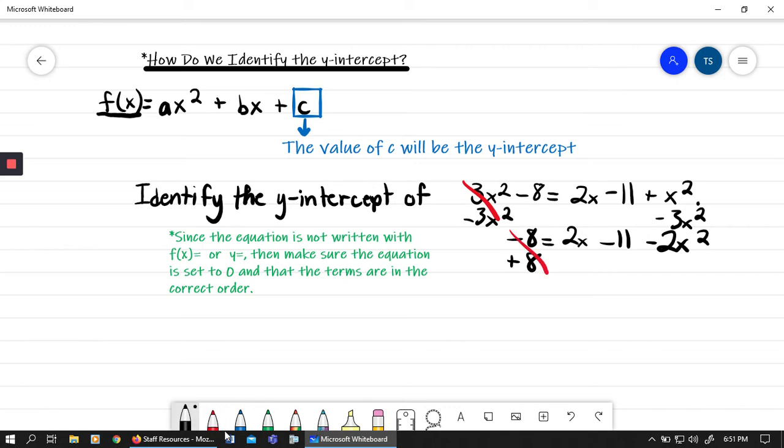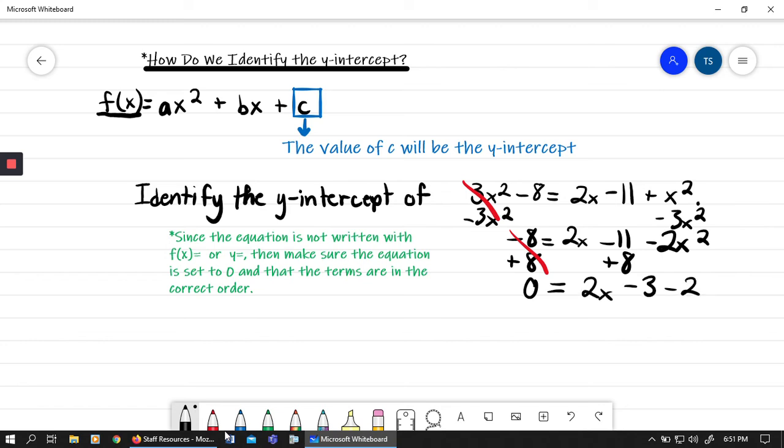So now we're adding 8 to both sides. Now this is equal to 0, and we've got left 2x minus 3 minus 2x squared.